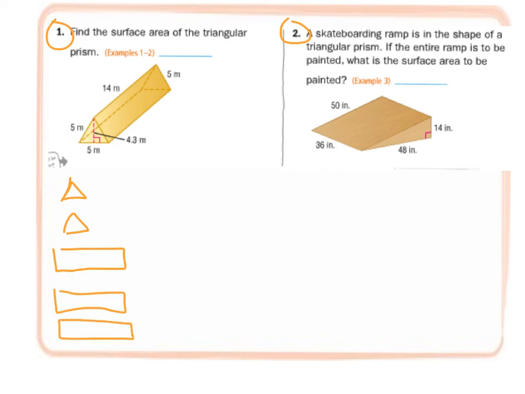Okay, that makes it the easiest. Show your work, draw the outline of each shape. It makes it easier. Look for the dimensions. So this first one would be 5 times 4.3 divided by 2. And then you know that's the area of one triangle, and you have 2 triangles, so you fill that in. And then you go ahead and you fill out the rest. Okay? Thank you for listening.